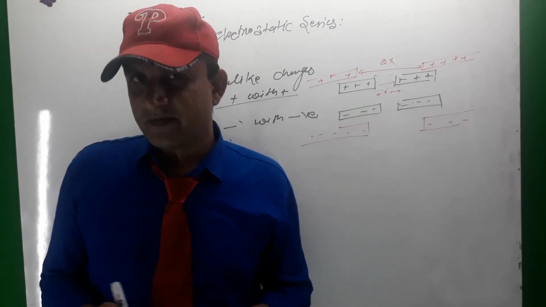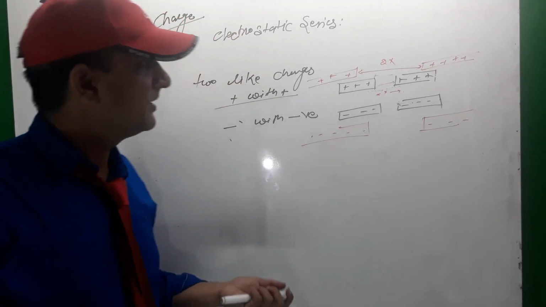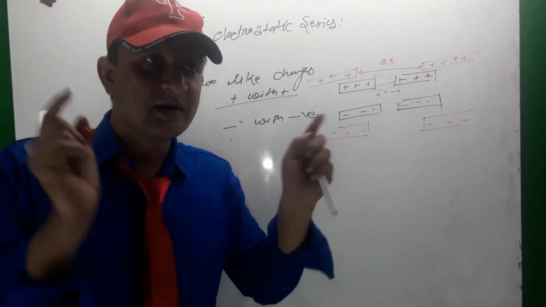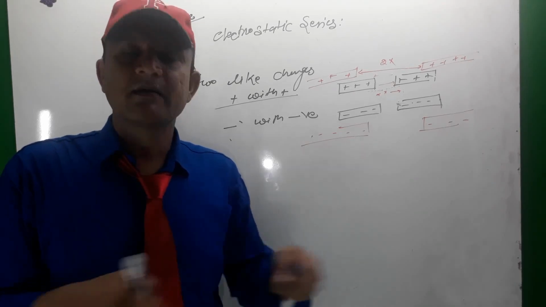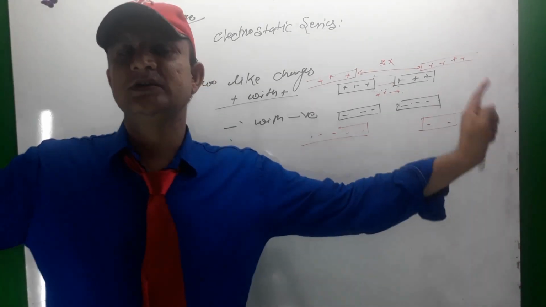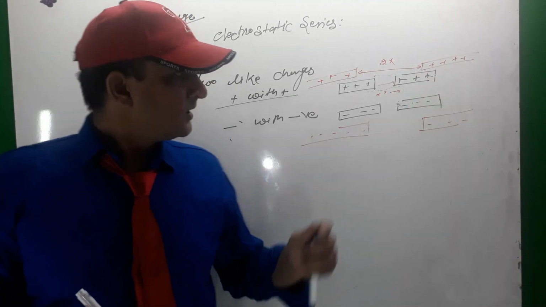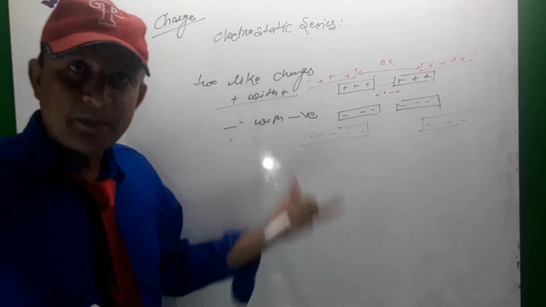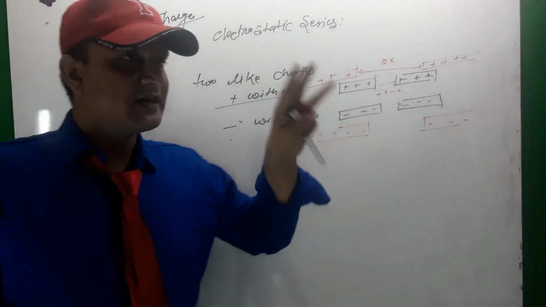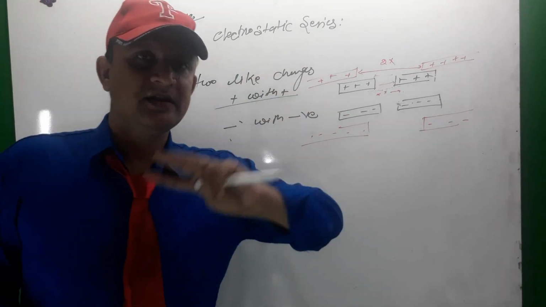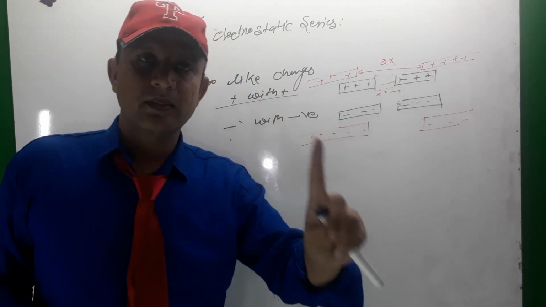So what have you learned till now? You have learned that similar charges never come together. They repel and throw each other away. So you have understood the repulsion. Now you can write: two similar charges always create repulsion.